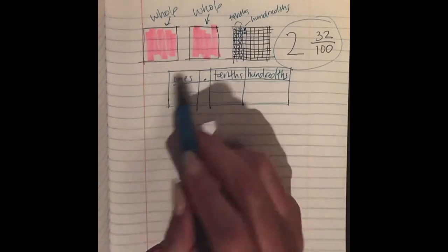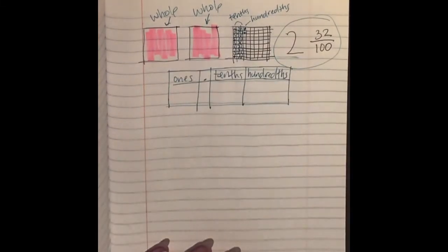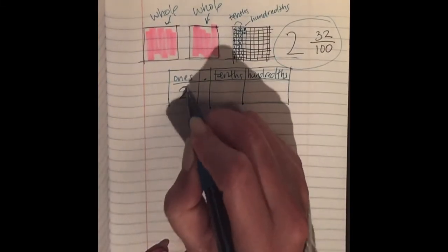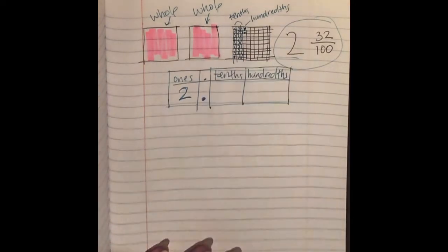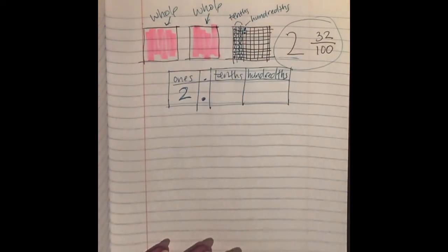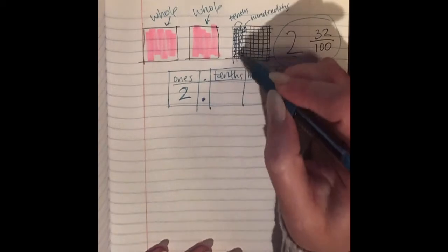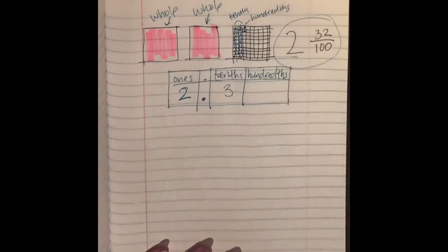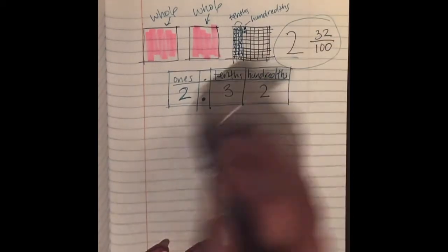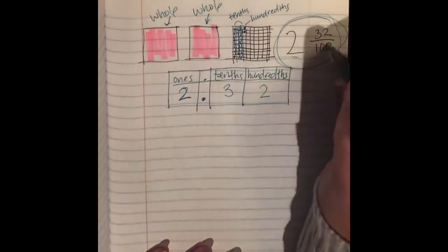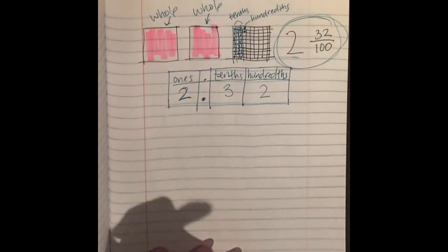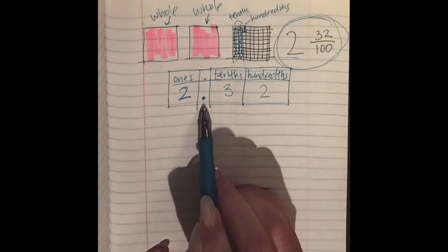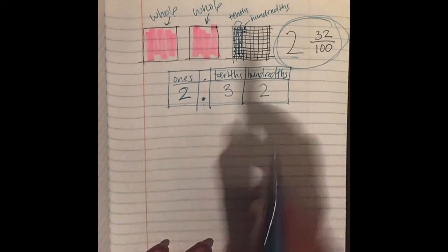Well, let's look. Do I have anything in the ones position? I do. It's a 2. There goes my period. How many tenths do I have? 1, 2, 3. 3 tenths. How many hundredths? 2. So 2 and 32 hundredths is the same thing as 2 and 32 hundredths.